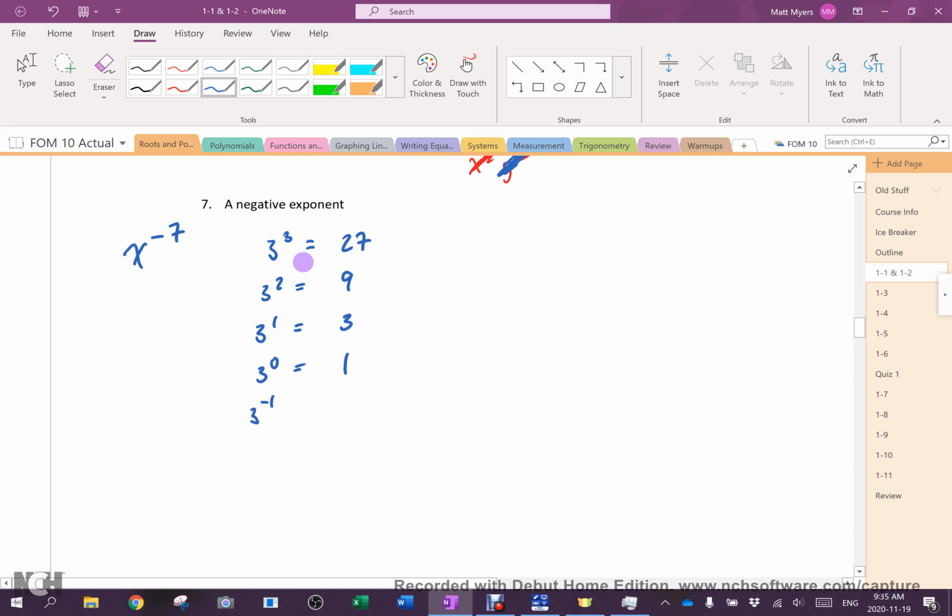The last time that we couldn't write something was 3 to the 0, yeah? So what did we do? We followed our pattern. Divide by 3, divide by 3, divide by 3. So we can't write it. So what do we write here? We divide by 3. What is it? 1/3. Please notice it is still positive.